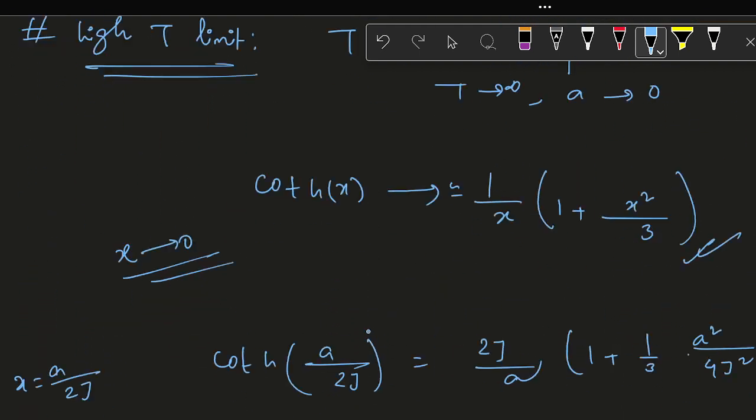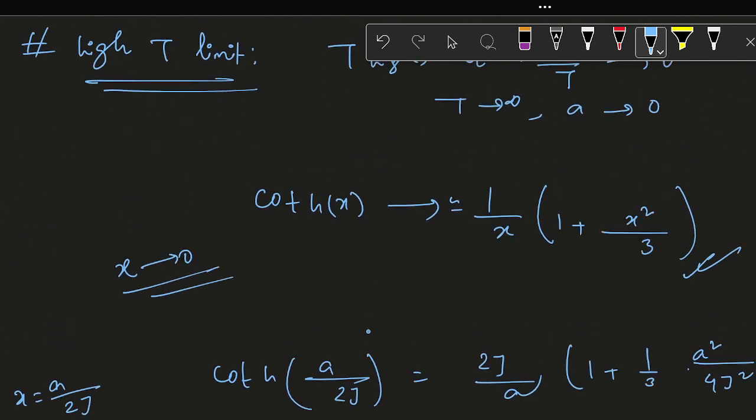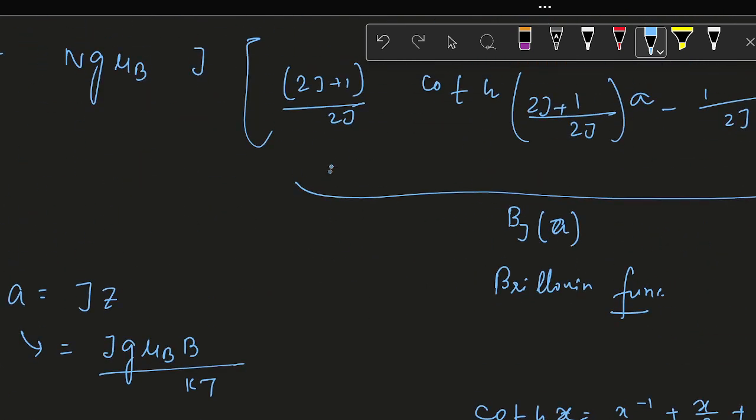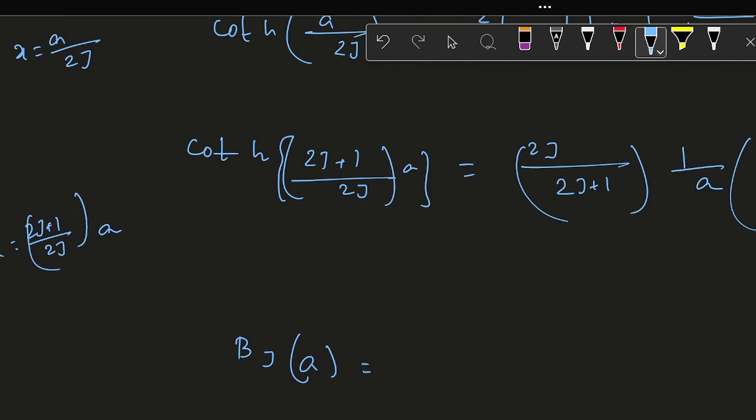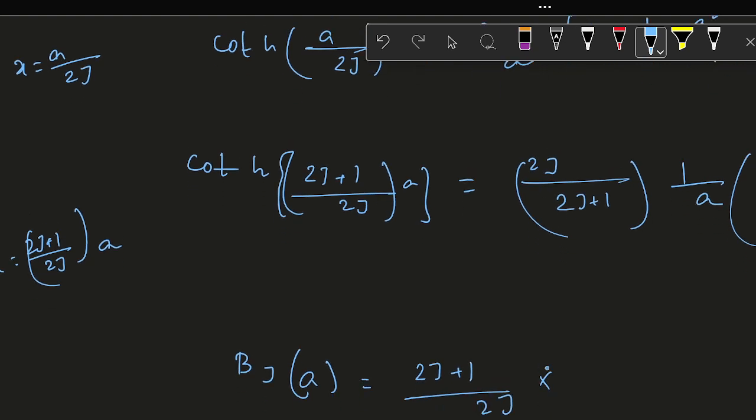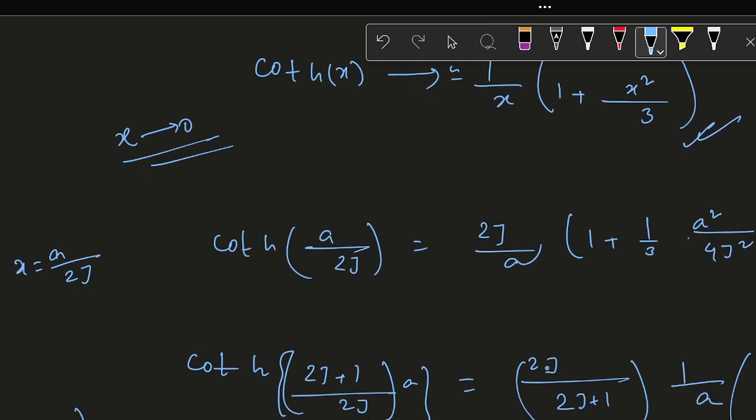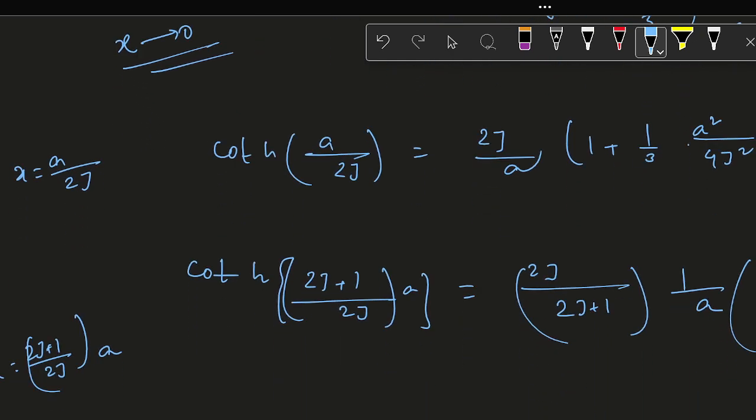This is nothing but (2j plus 1) by 2j times the first coth term minus 1 by 2j times the other coth term. So it is (2j plus 1) by 2j into, multiplied with this term, 2j by (2j plus 1) into 1 by a into 1 plus a squared by 3 times ((2j plus 1) by 2j) whole squared.